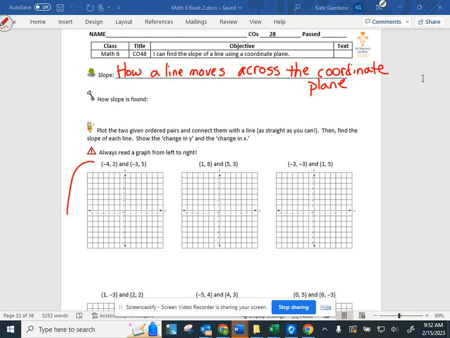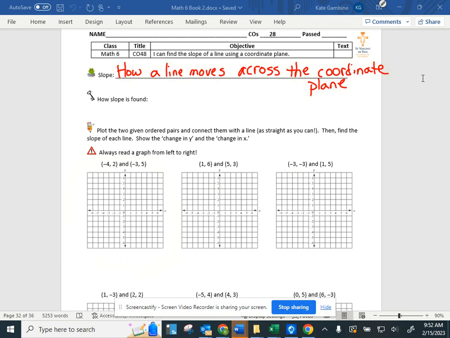So remember, the whole graph is our coordinate plane. And we want to know, how is that line moving across the X and the Y axis? So we want to be able to follow that line. So here's how we do that.